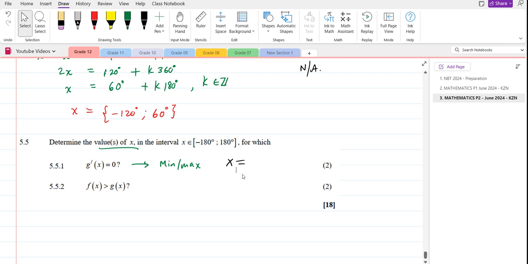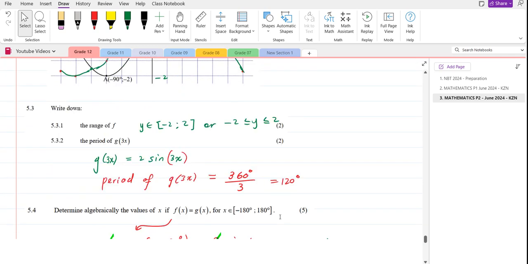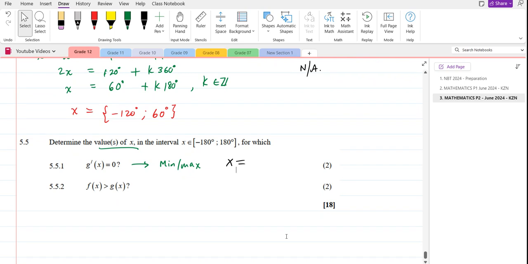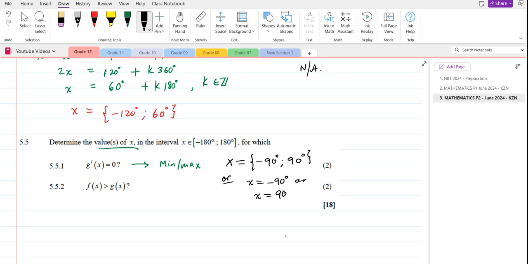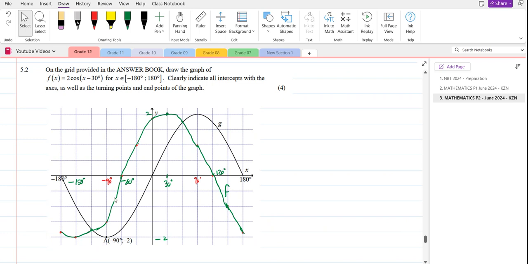At x equals, there's two answers here, minus 90 or 90 degrees. I'm writing in set notation, or you can write it like this: x is equal to minus 90 or x is equal to 90 degrees. We have a turning point. Turning point x value only we're looking for.